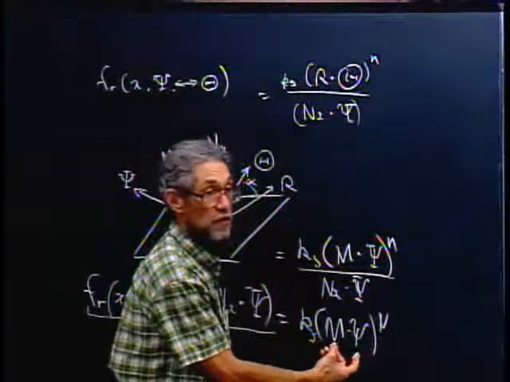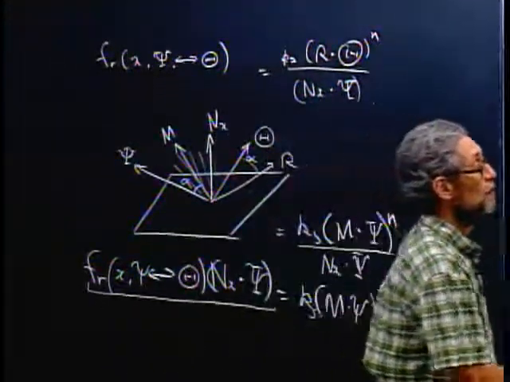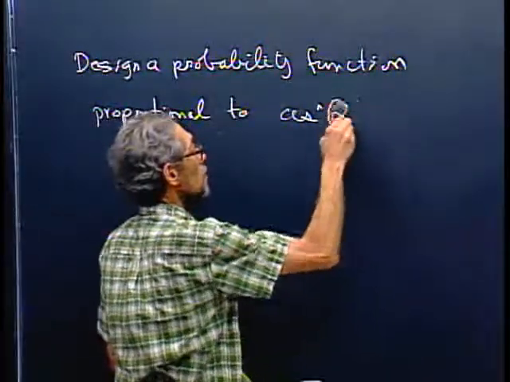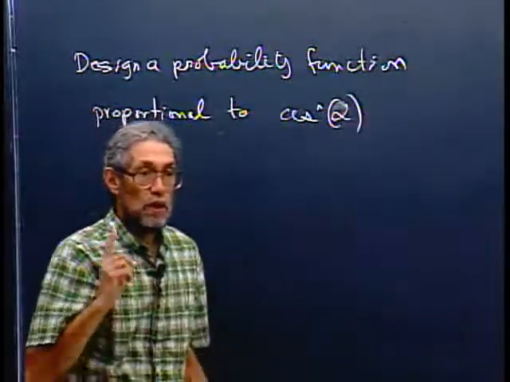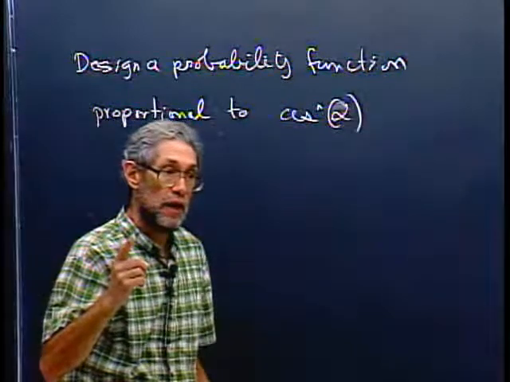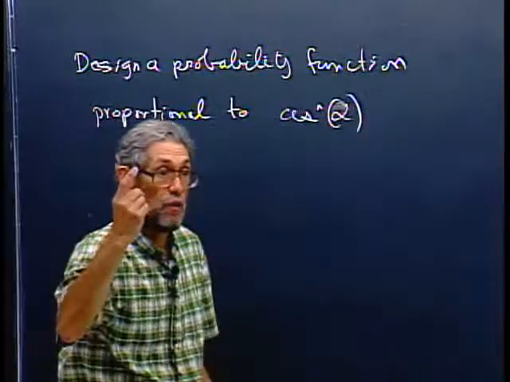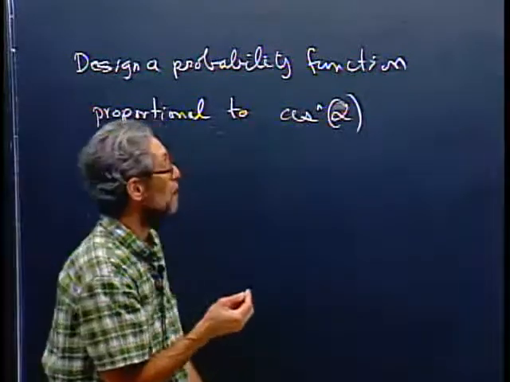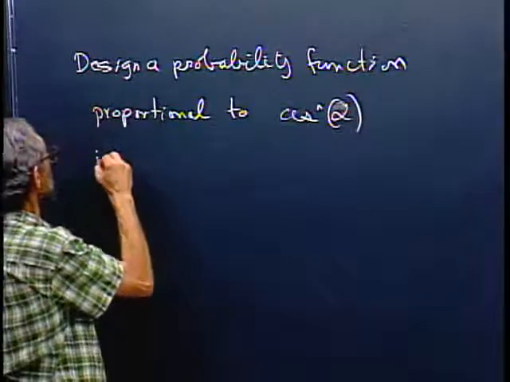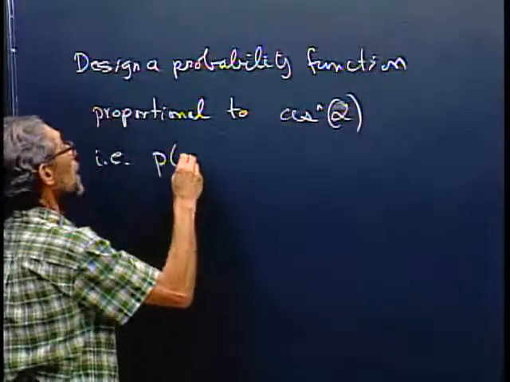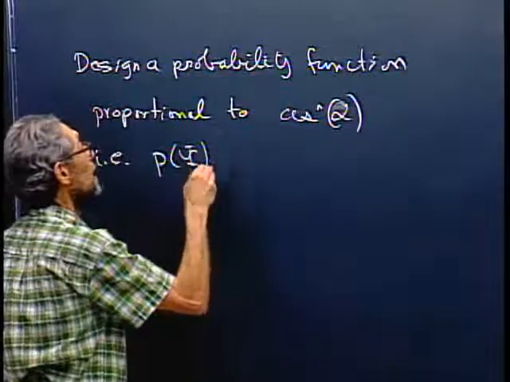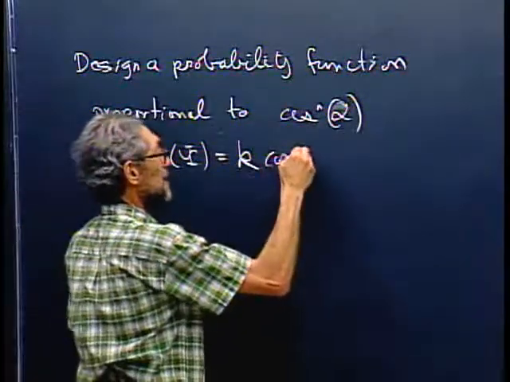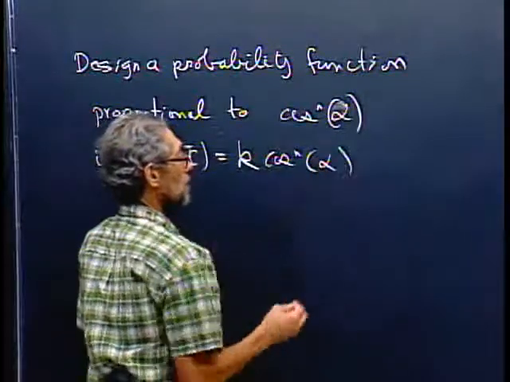What we're really interested in is this thing, cosine to the nth alpha, where alpha is the angle between the perfect reflection vector m and the particular sample direction psi we're picking according to this probability distribution. So say the probability of a given direction psi is some constant times cosine to the n of alpha.